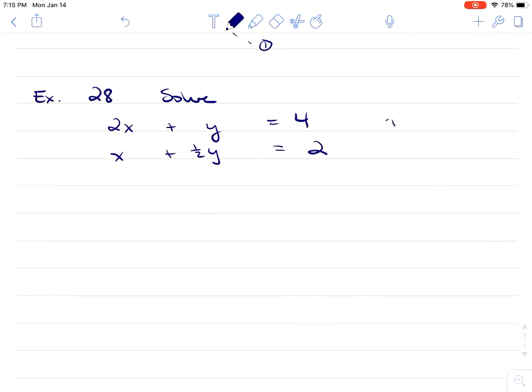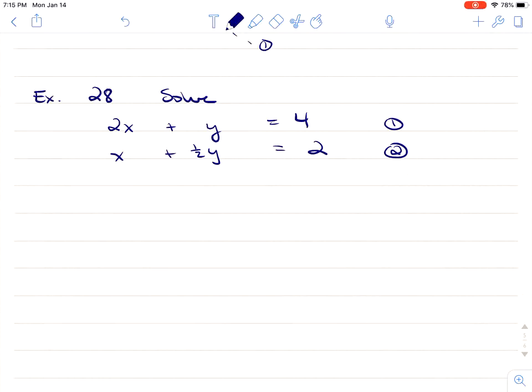So here, I'll start by calling this equation 1 and this equation 2. Just the same way that we did just now. I'm going to look for something that's easy to solve for. So I think, because I don't like fractions, that's just me, I'll solve for y in equation 1.